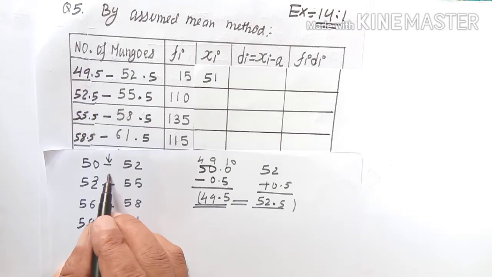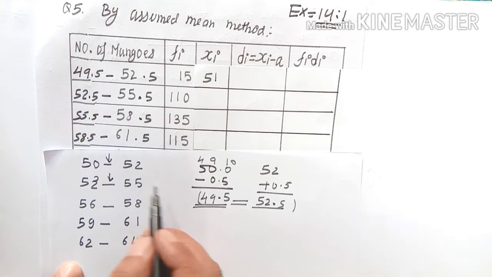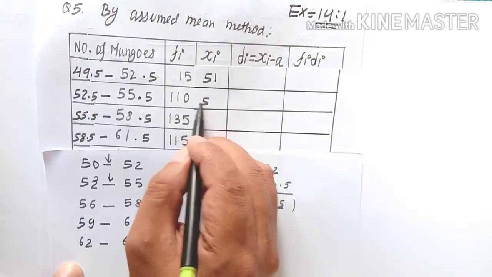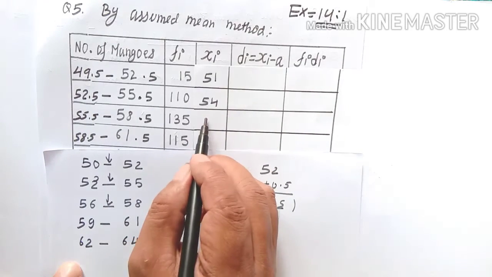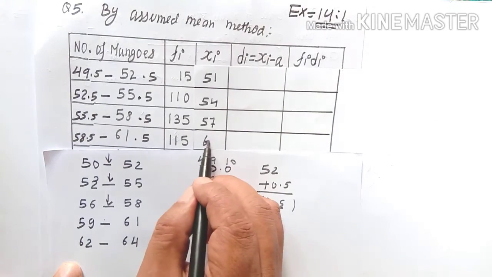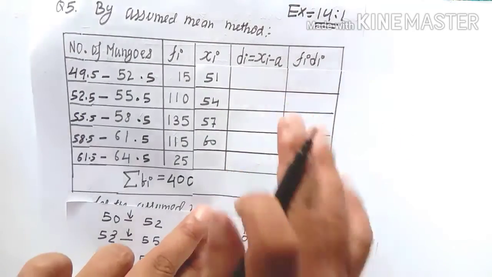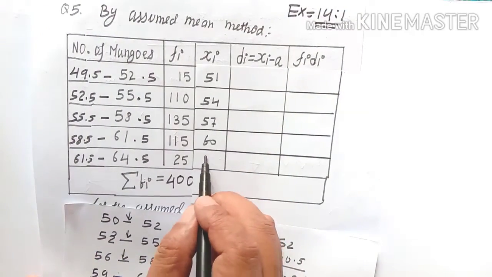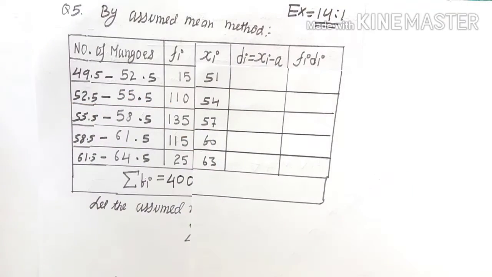Easily we can make out 53, missing number 55, so the missing number is 54. And here the missing number is 57. Missing number here 60. And the next missing number is 63. That is how we got the class mark.